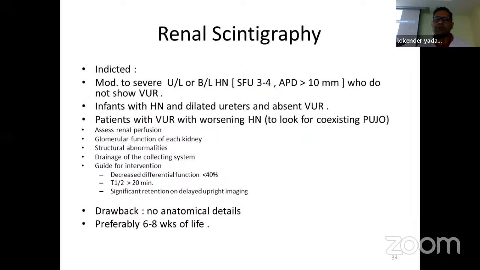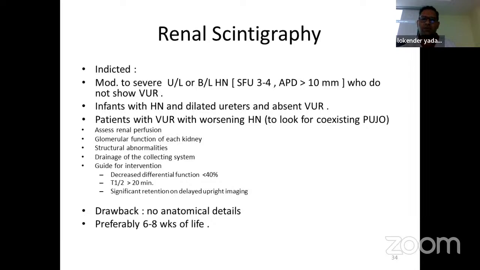Renal scintigraphy is indicated in moderate to severe unilateral or bilateral hydronephrosis that does not show any vesicoureteric reflux, in infants with hydronephrosis and dilated ureters and absent VUR, and in patients with VUR with worsening hydronephrosis, to look for any coexisting PUJO. It is used to assess renal perfusion, and the glomerular function of each kidney is assessed.